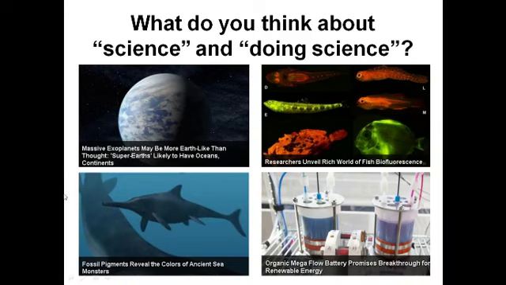Also very recently, about 2 years ago, a team of scientists from China completely reconstructed the plumage pattern of a small bird-like dinosaur. Again, they used the same approach. It's really cool. And also some people are trying to use organic material to produce renewable energy.